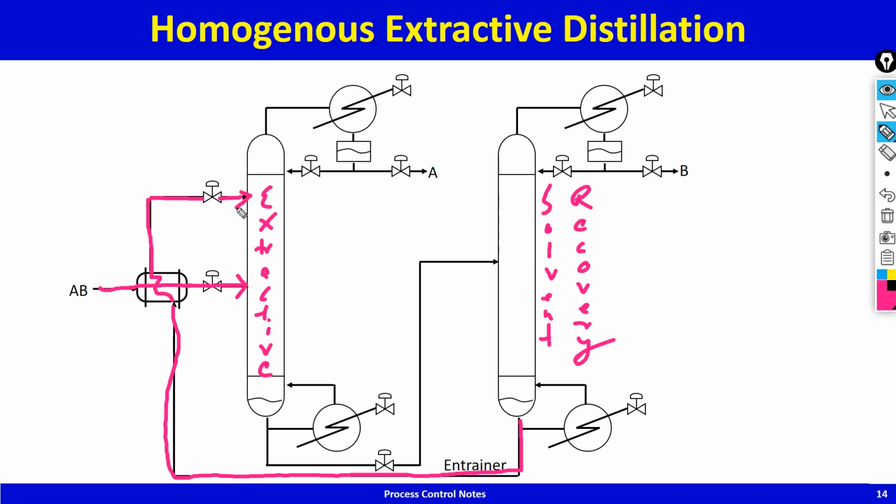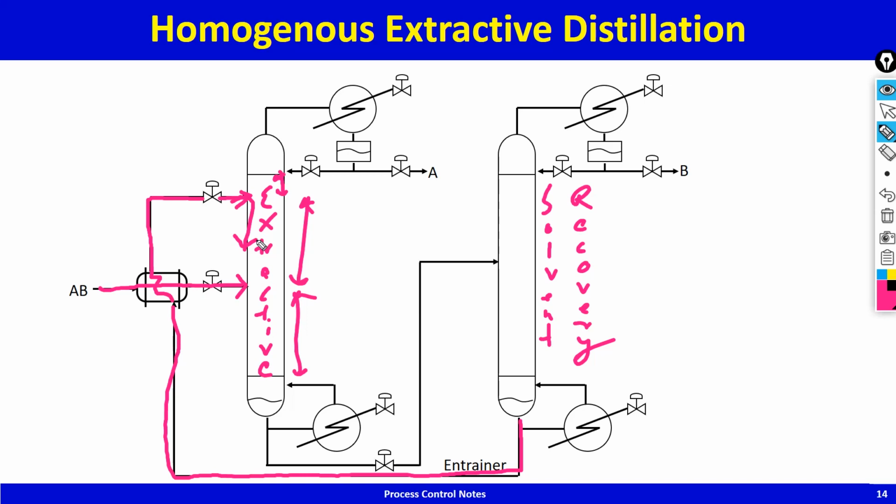So maybe there are 5 or 6 trays here, then there's a middle section, and then there's a stripping section in the extractive column. Now because the entrainer is much heavier, the entrainer tends to go down, and the entrainer has the property of soaking one of the components, A or B, preferentially. For example, ethylene glycol preferentially soaks water.